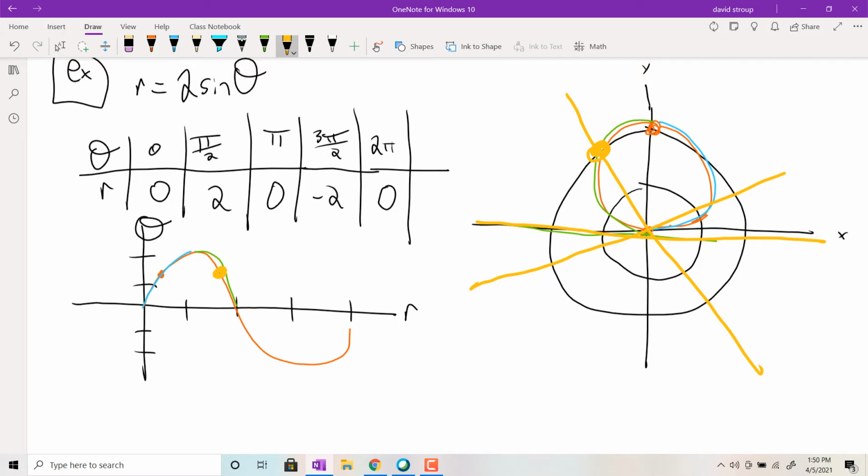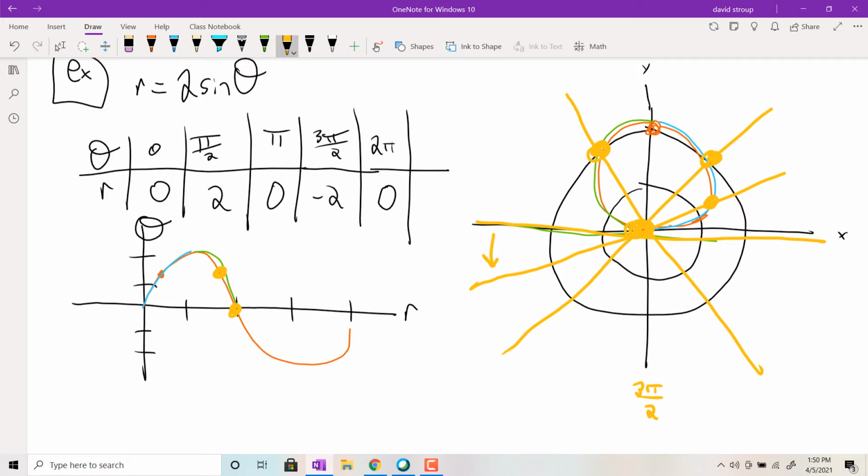And then as it goes to 0, the points go back to 0. So you would be right here. And then as the line tilts down in this direction, towards 3 pi over 2 down here, you're going to go on the other side of the arm. So the points start going negative, basically. And then you would be right here, and right here.